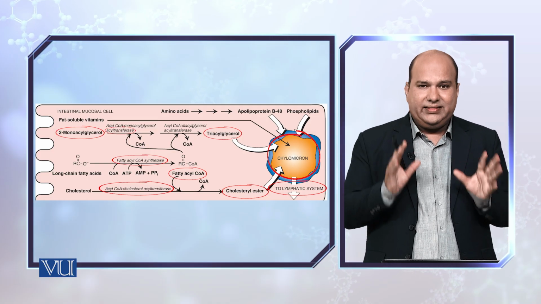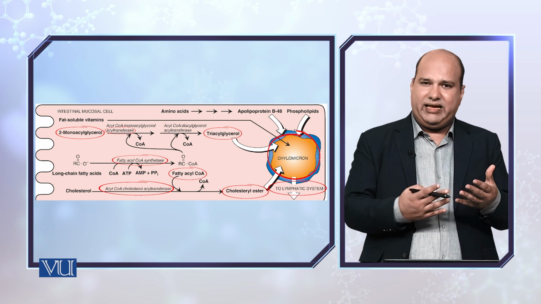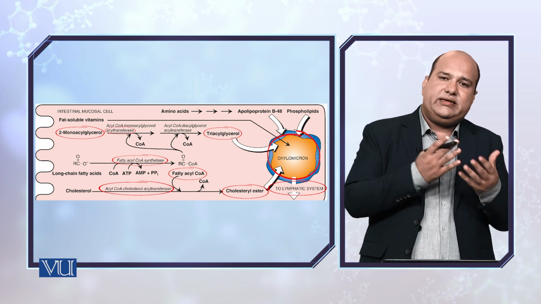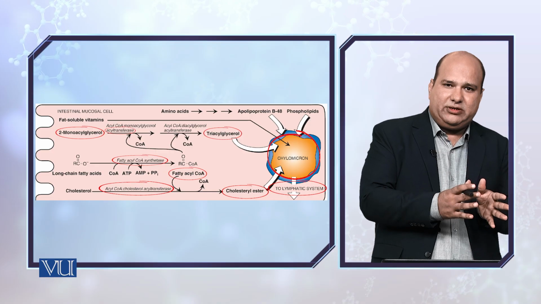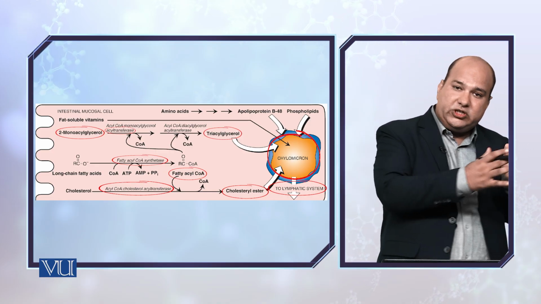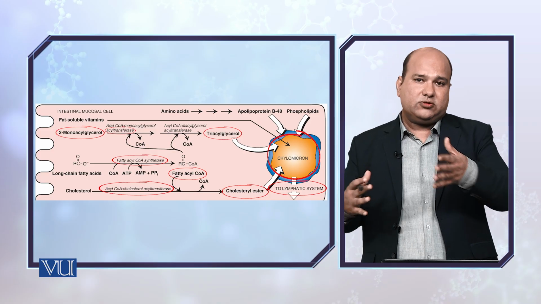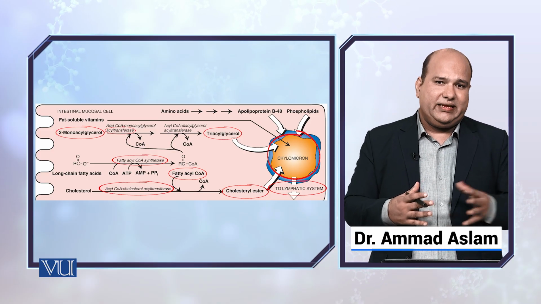So in this way, you can see how nature has devised different ways for the movement of lipid molecules from one part of the cell to the other, or from one part of the tissue to the other, because lipids have a very hydrophobic moiety within them.